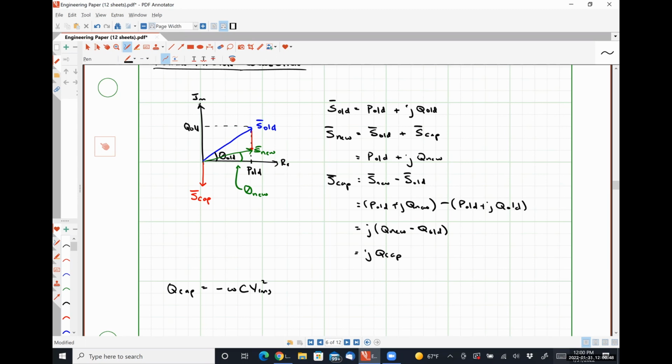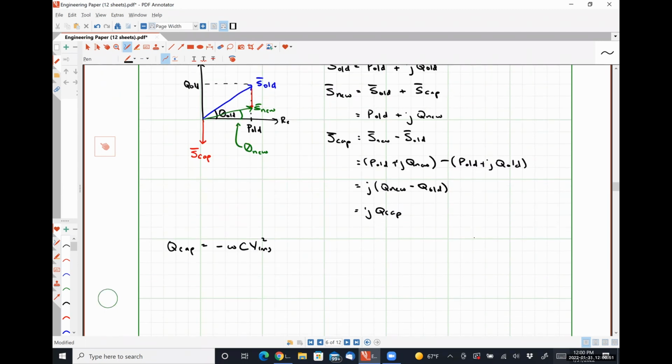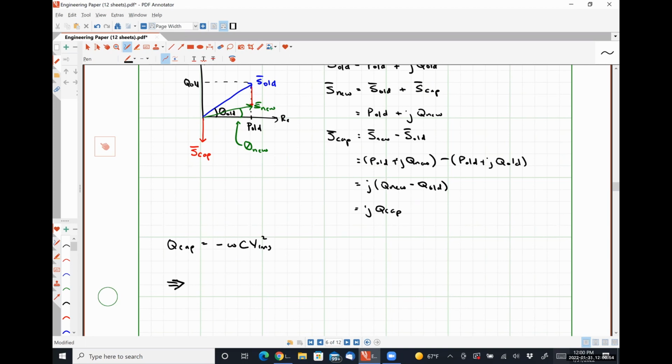If we make these two things equal to each other, what we find is that C is equal to negative Q cap divided by omega VRMS squared, which can also be expressed as P old times the tangent of theta old minus the tangent of theta new, all divided by omega VRMS squared.